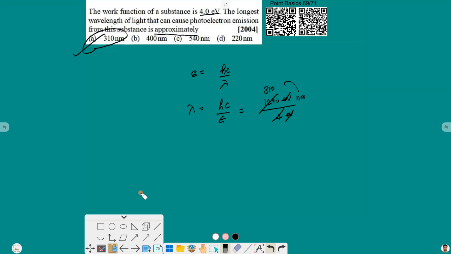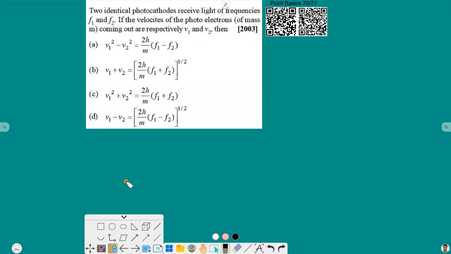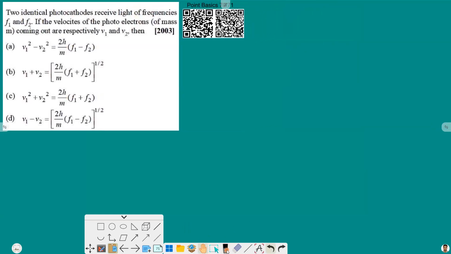Now let us move ahead to the second last question we have. Two identical photocathodes receive light of frequency f1, f2. Velocity of the photoelectron coming out are v1 and v2. Then we have to find out relation between v1 and v2. And photocathodes are identical means their work function will be same.